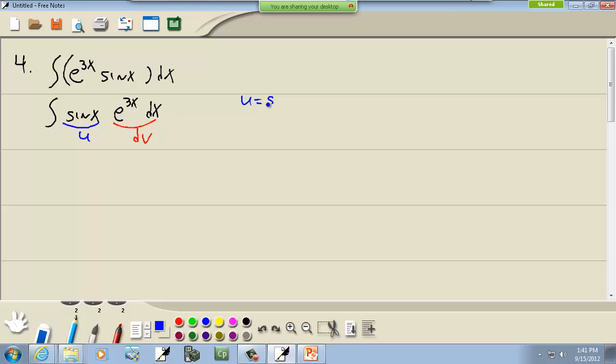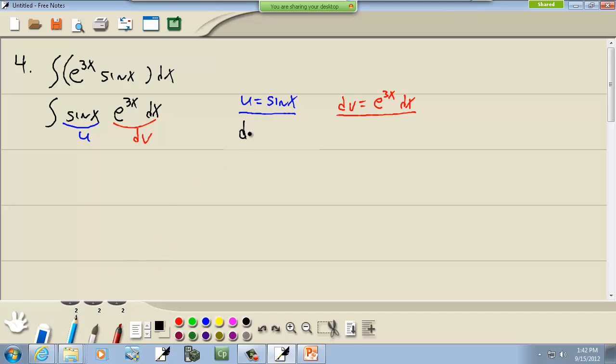So u is equal to sine x, and dv is equal to e to the 3x dx. Well, du. The derivative of sine is cosine x, and then I'll put dx on there. And I meant for that to be in black. Let me do that over. Not that it matters, but okay.